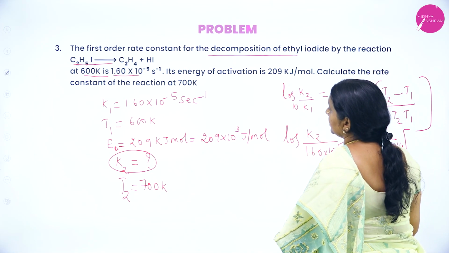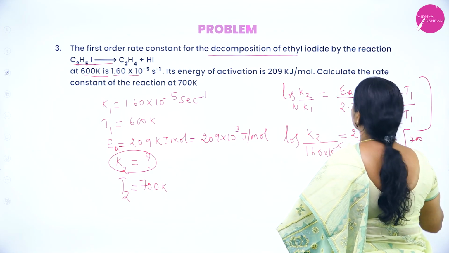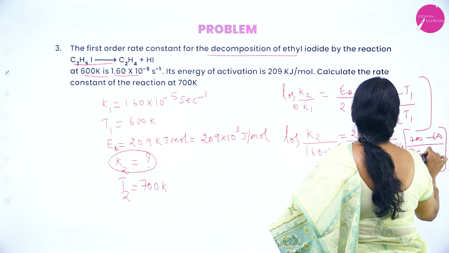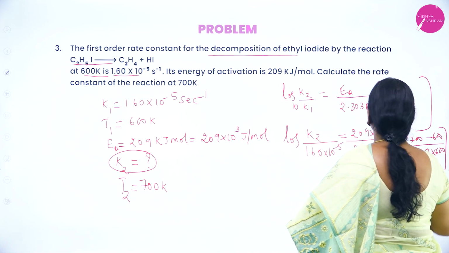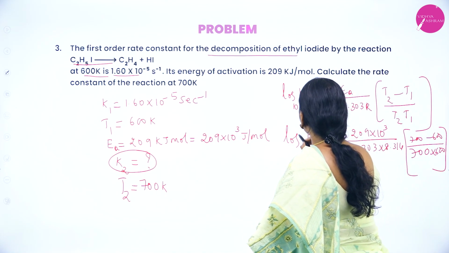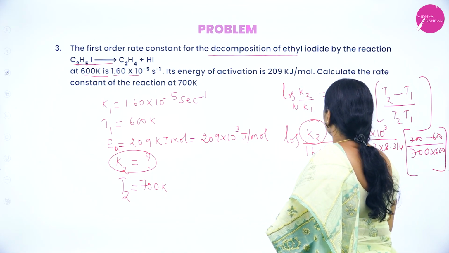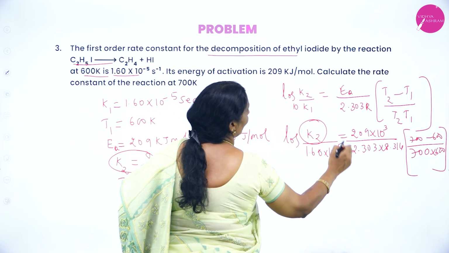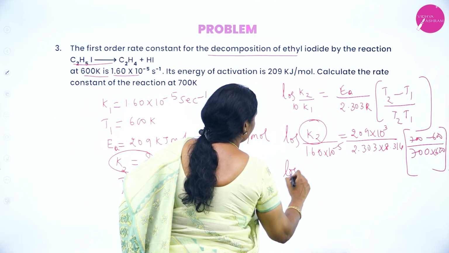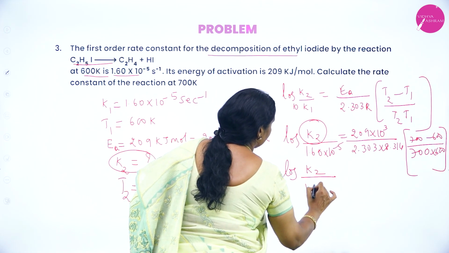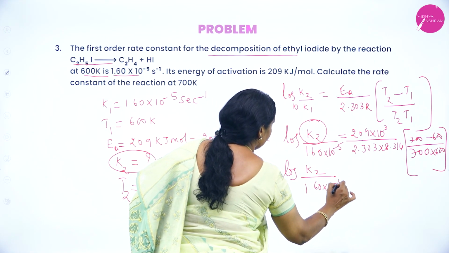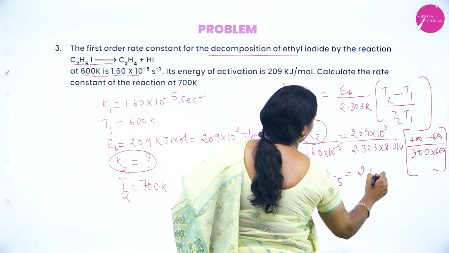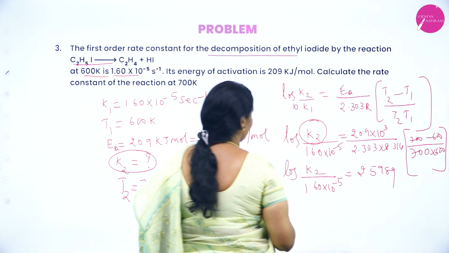T2 is 700, T1 is 600. This is 700 into 600. You have to calculate the K2 value. So, after simplifying, the left side is log K2 by 1.60 into 10 to the power of minus 5. When you simplify the right side, you will get 2.5989. What is the answer for the right side?